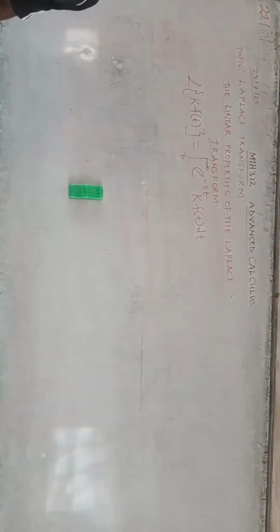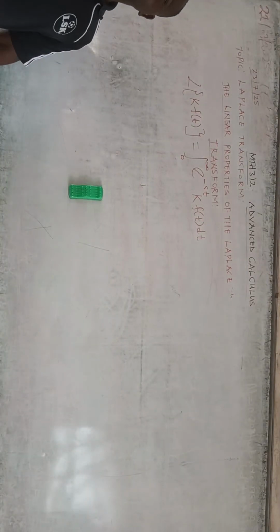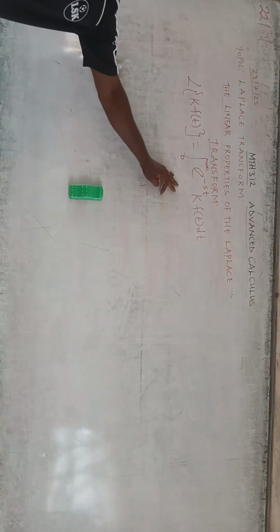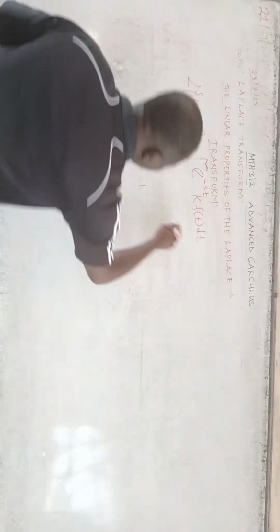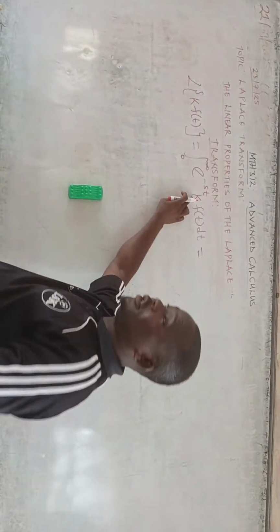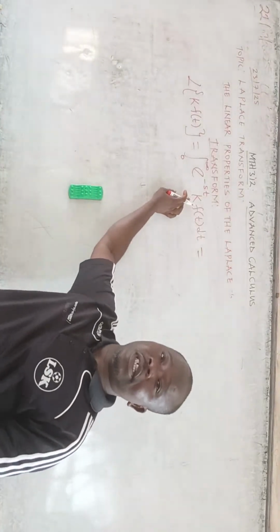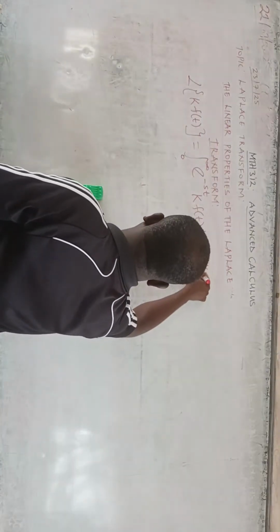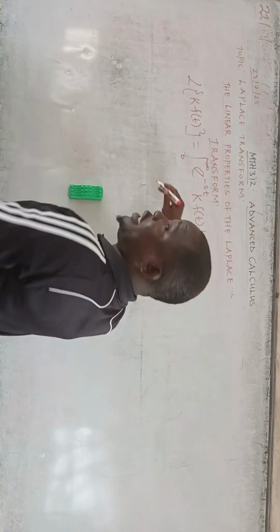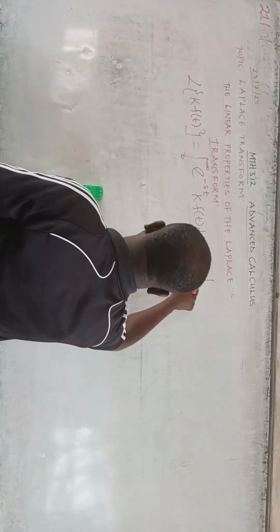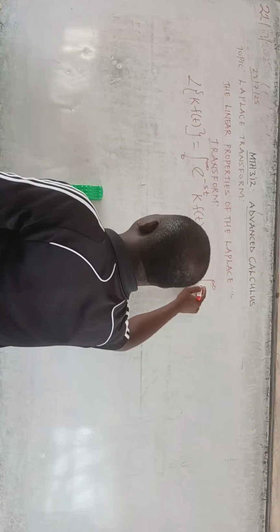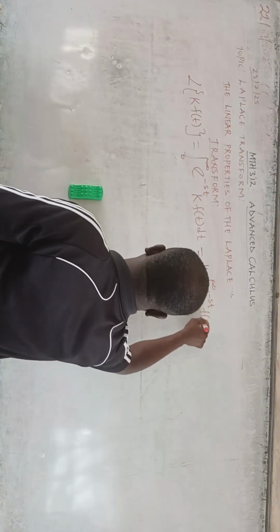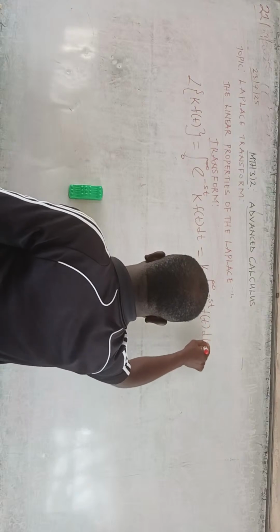It means I want to find the linearity of this. We can rewrite this in this form. Mind you, your k is a constant, so we can factor k out of the integral to write k times integral 0 to infinity exponential minus st f of t dt.